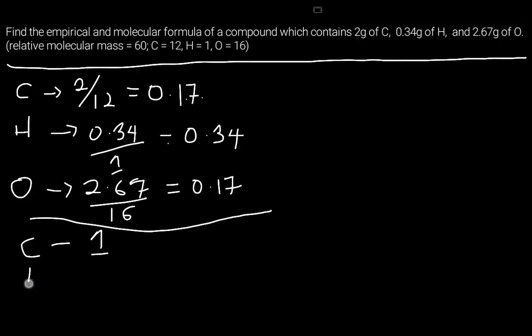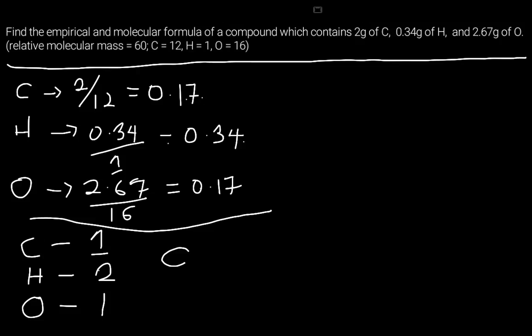For hydrogen, 0.34 divided by 0.17 gives 2. And for oxygen, 0.17 divided by 0.17 gives 1.